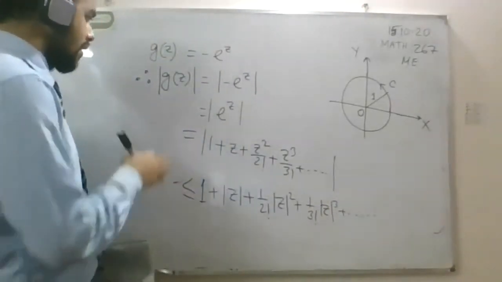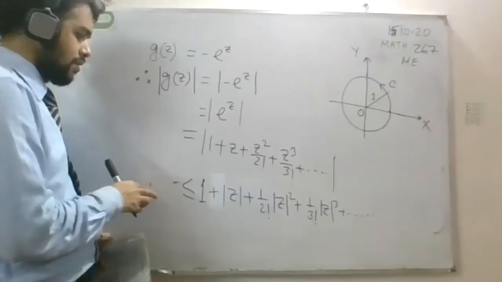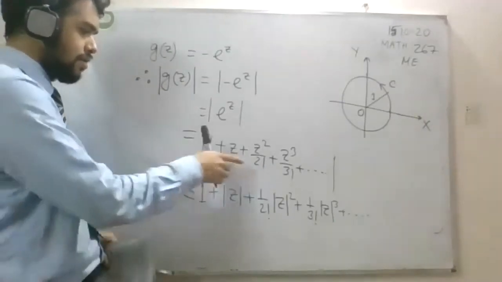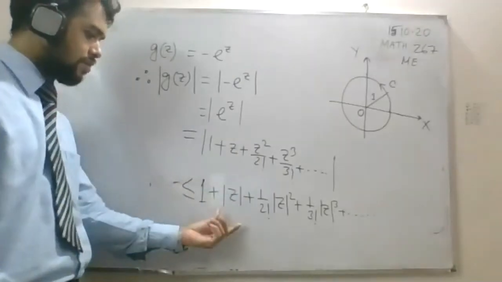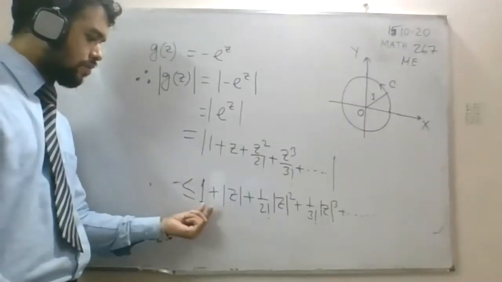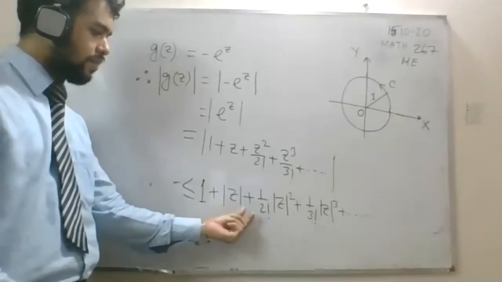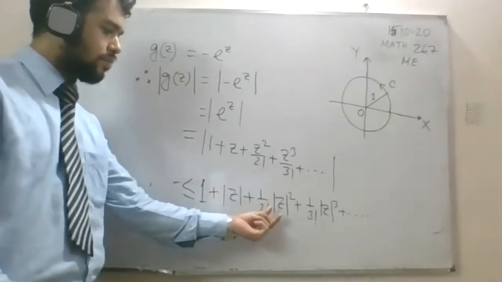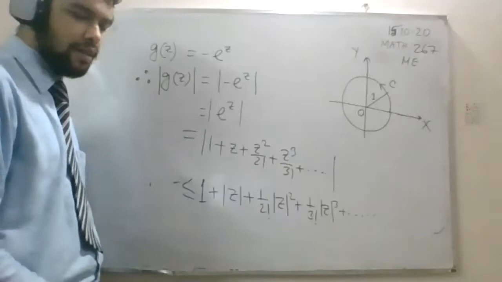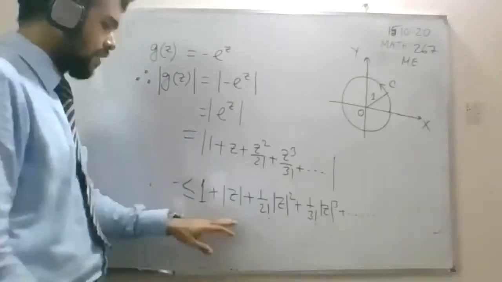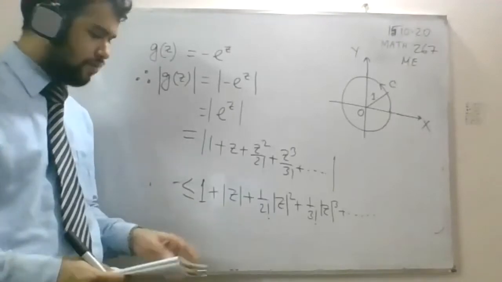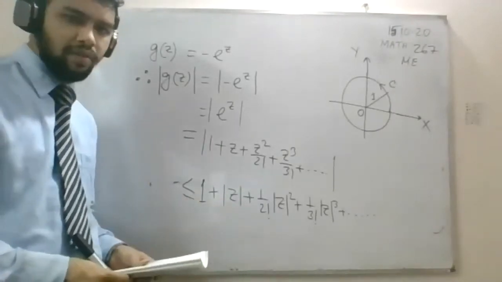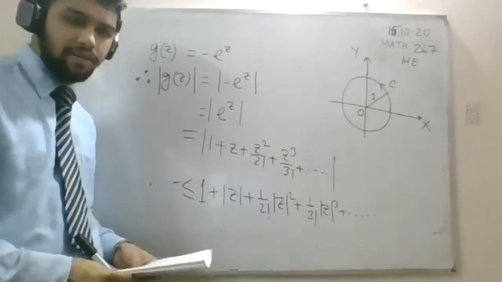We already know about the modulus. You can separate these terms by using the modulus: 1 plus modulus of z plus 1 by 2 factorial modulus of z square. Okay, and now please tell me what result we get from here.